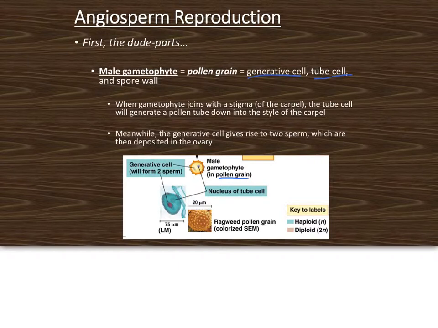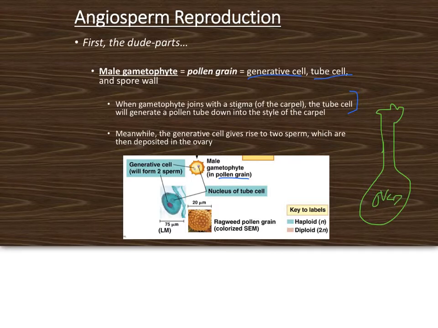Now, when a gametophyte like this, when the pollen joins with a carpel, so it joins with the female part at the stigma, the tube cell becomes very active and forms a pollen tube down into the style of the carpel. So here's what this would look like. So let's say this is my female part here. This is a carpel, so ovary here.